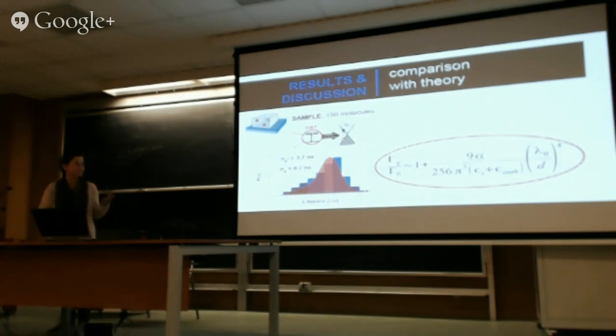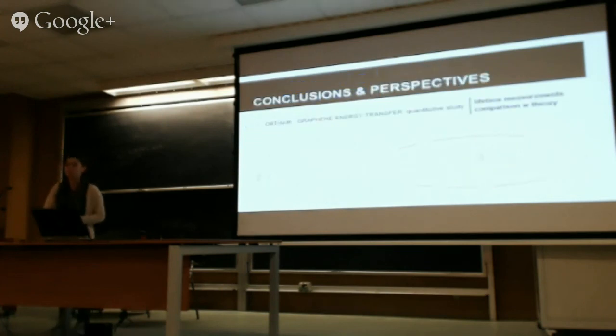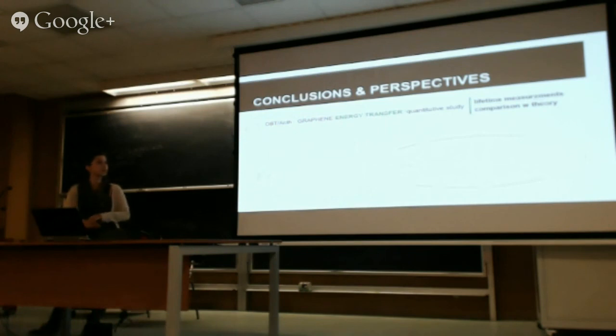So what we did confirms a theory that is actually working well in other systems as well. So to conclude, we studied the energy transfer mechanism between this emitter, DBT molecules in anthracene crystal, and graphene, this 2D material. We did a quantitative study, making lifetime measurements with this home-built confocal microscope, and we compared the result with theory, finding good agreement.